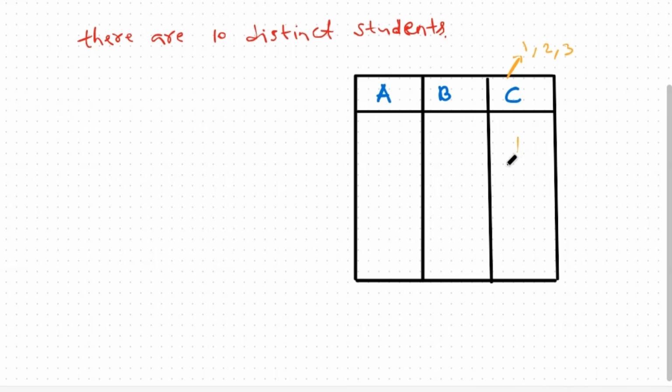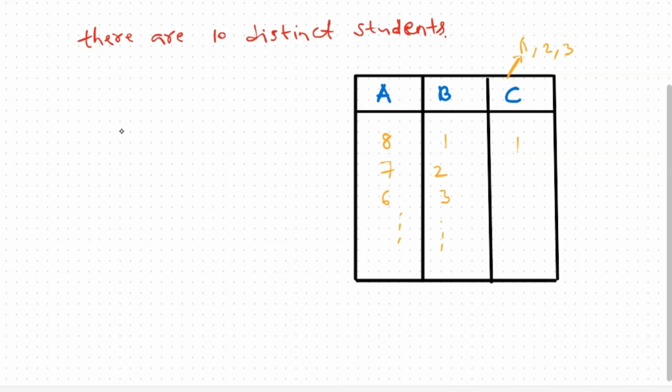Let's take 1 for the start, and there will be 9 students remaining. 8 students go for A and 1 for B. We are taking like this because in the question it is mentioned that every group has at least one member. Then there could be 7 and 2, 6 and 3, and so on.